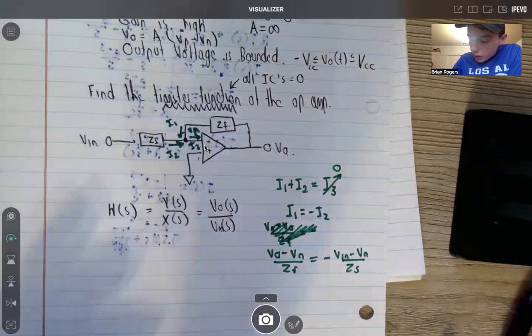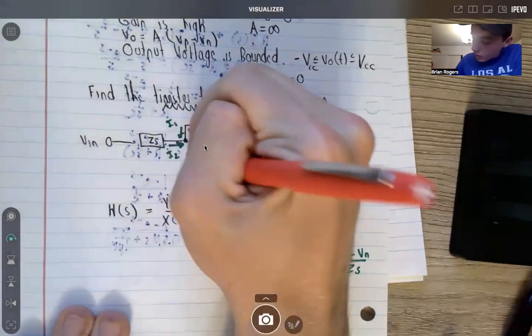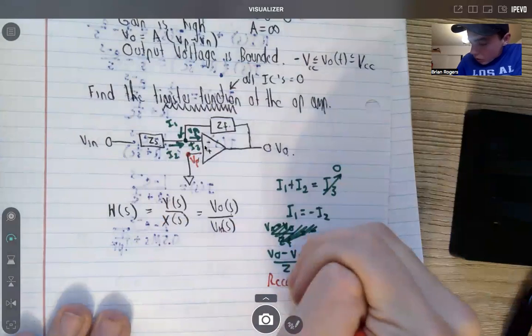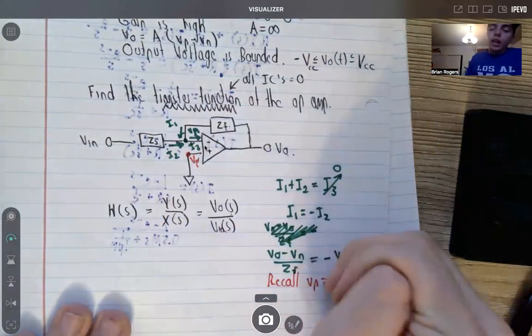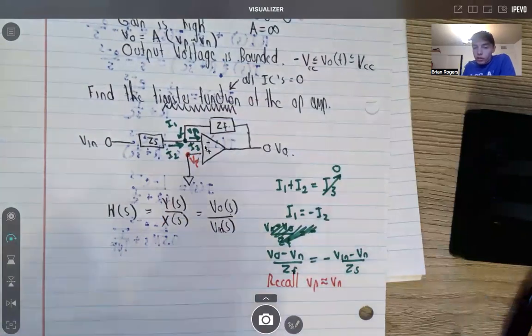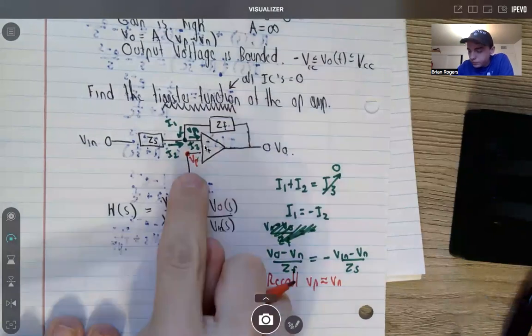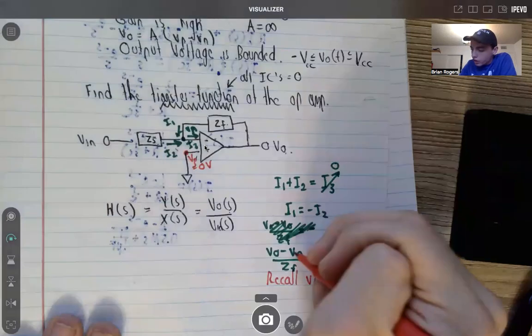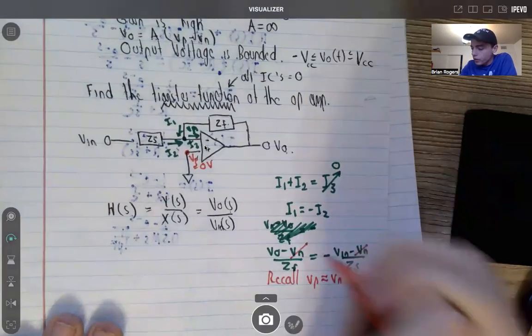Recall, V of P is almost equivalent to V of N in an operational amplifier. And so V of P is set at 0 volts, right? Since it's at 0 volts, the V n terms will go towards 0.